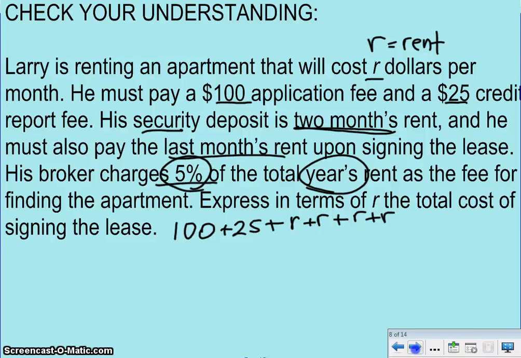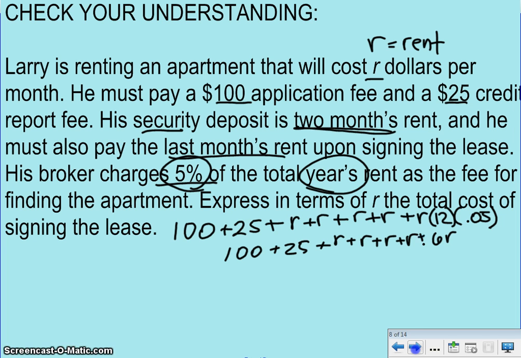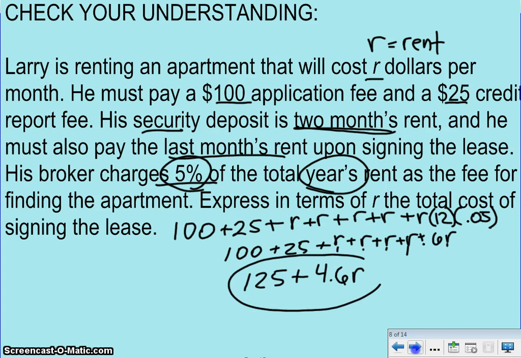So in order to get that, we need to take the rent times 12 times the 0.05, which ends up being 0.6 R. So we have 100 plus 25 plus R plus R plus R plus R plus 0.6 R. If I combine those, I've got 125 plus 1, 2, 3, 4, and 0.6, 4.6 R, and there is our equation algebraically.